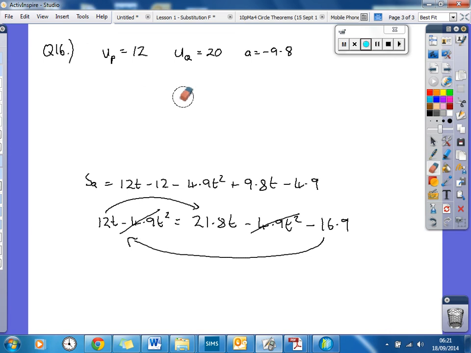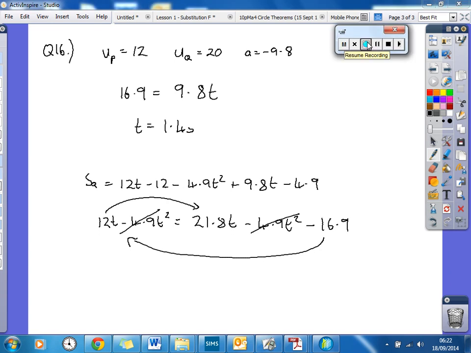So that will give me 16.9 is equal to 9.8t. Divide them and we get 1.4 seconds.